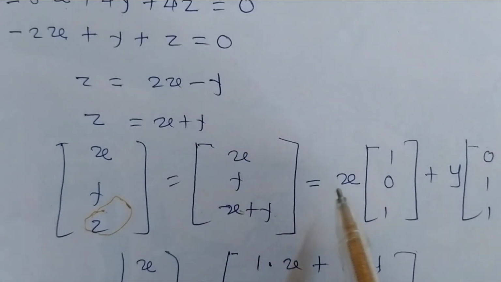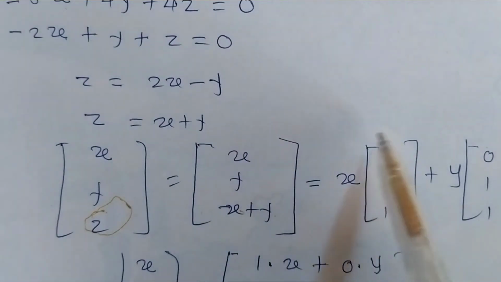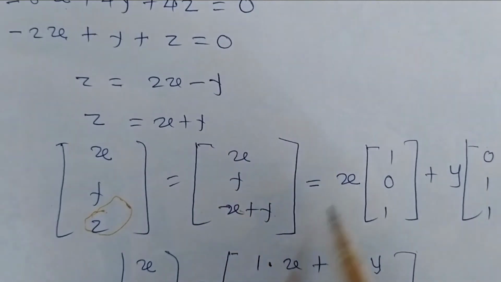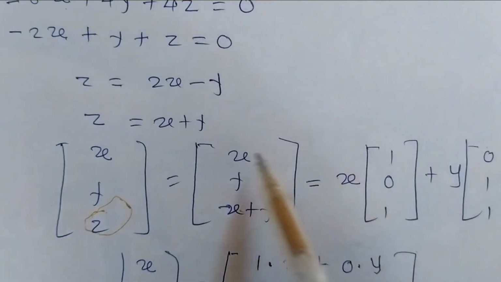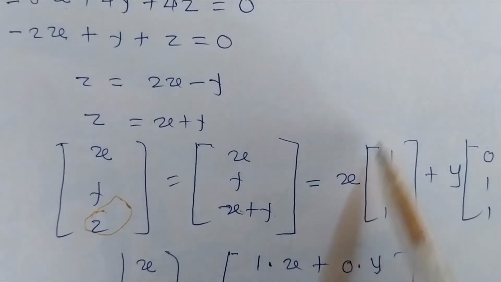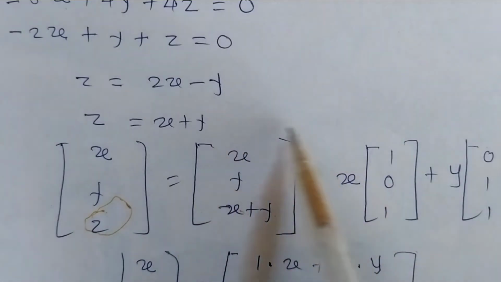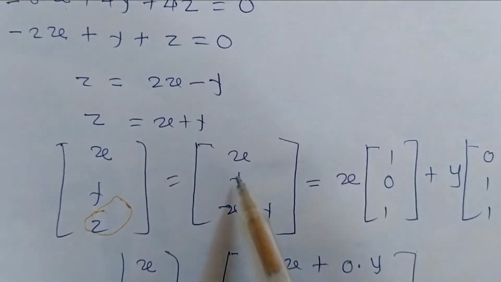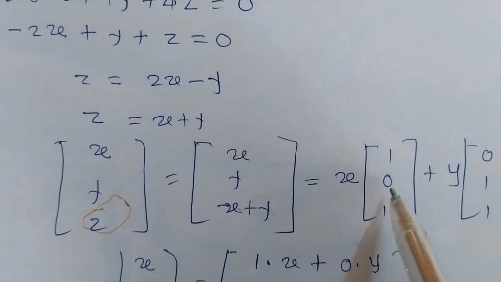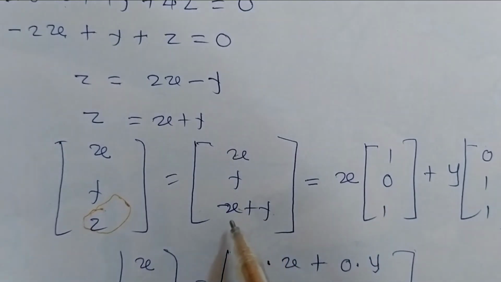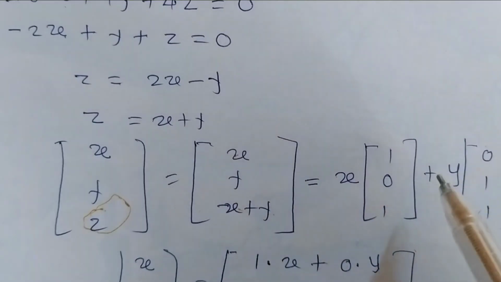So we can write x, y, and z as x plus y. When we take x common, what remains is 1, 0, 1. When we take y common, it is 0, 1, 1.